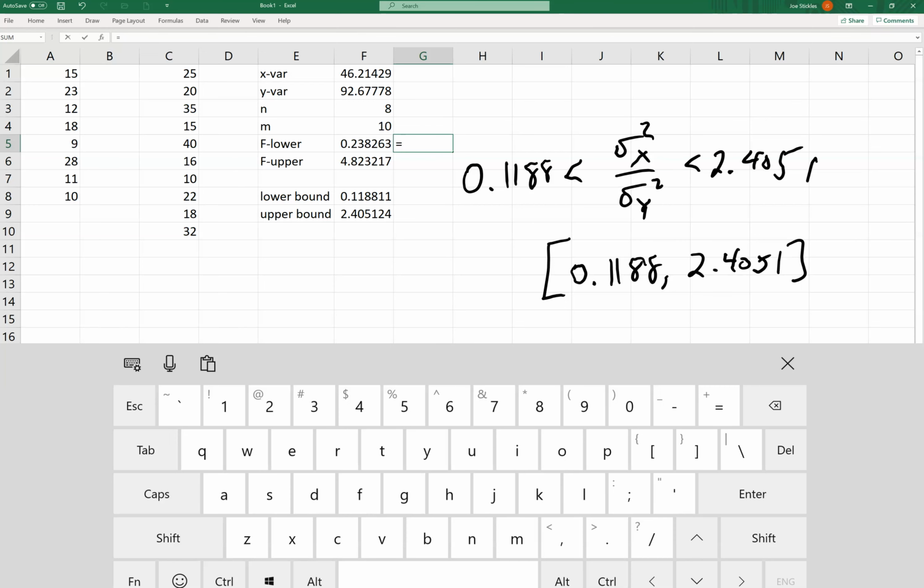If I do the reciprocal of the right-tailed inverse and flip my degrees of freedom, so 7 and 9, I get the same value.